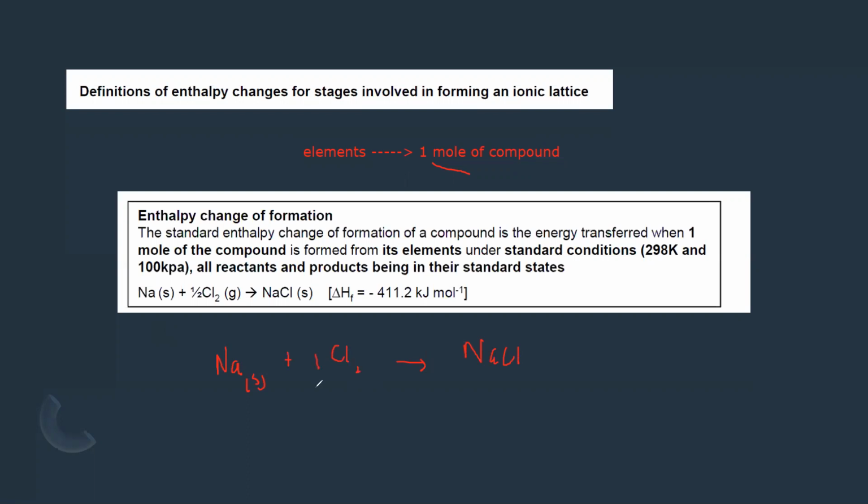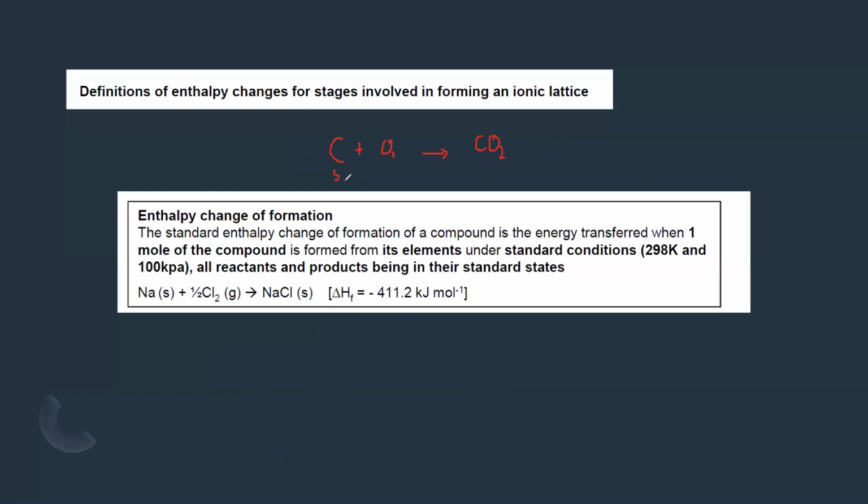So this should be half Cl2 because of the balanced equation. So whenever 1 mole of a compound is formed from the elements, the energy released or absorbed, what do we call this energy? We call that enthalpy change of formation. So this can be like carbon reacting with oxygen to give carbon dioxide.